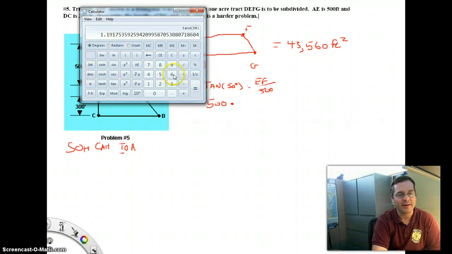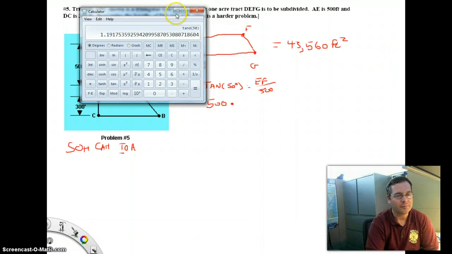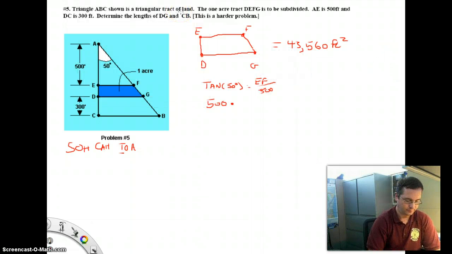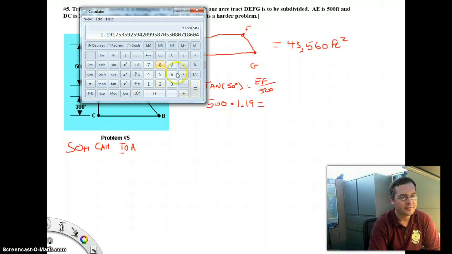So we'd expect the opposite side to be a little bit more than 500. I'm going to guess that 1.19 is going to be awfully close to 600. Let's find out. Multiply that by 500. Pretty close. 595.9 feet.